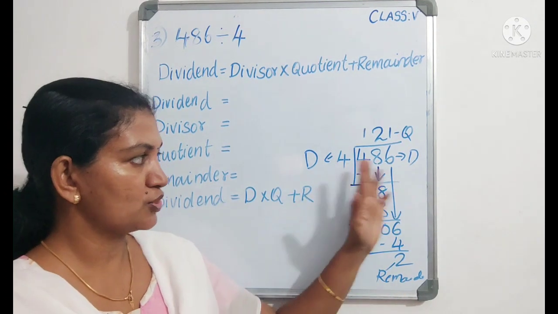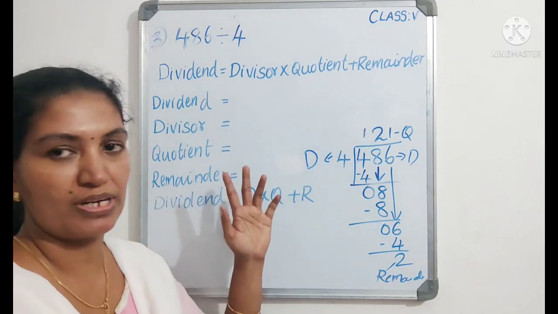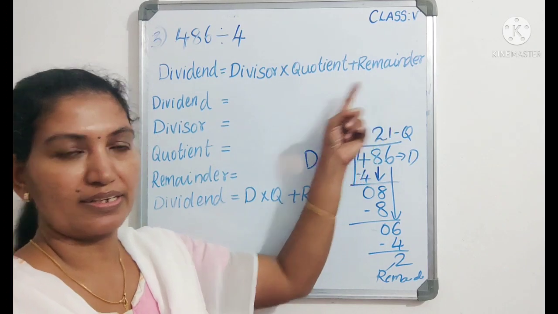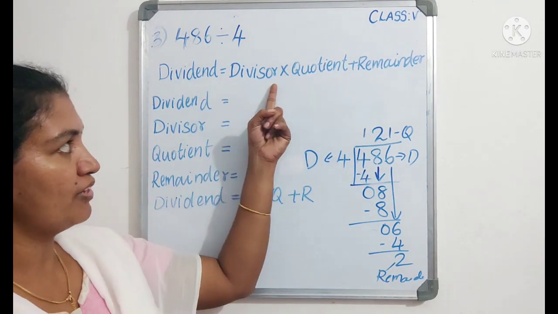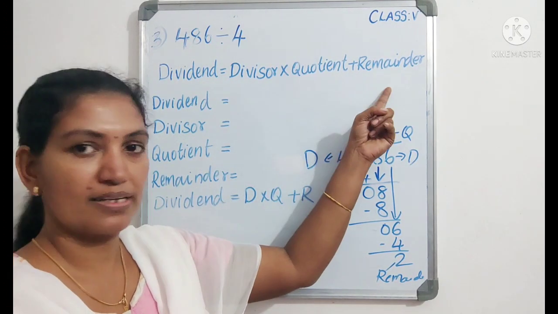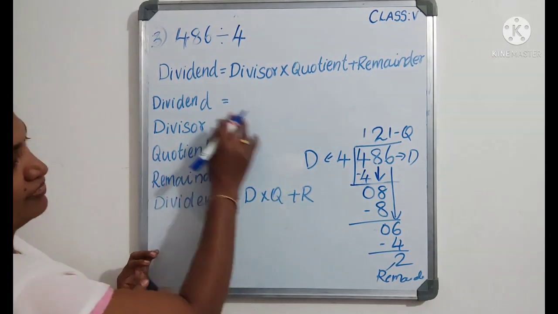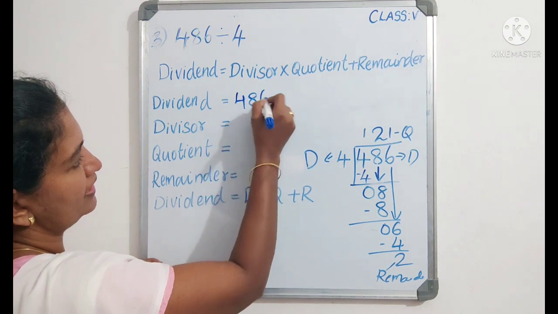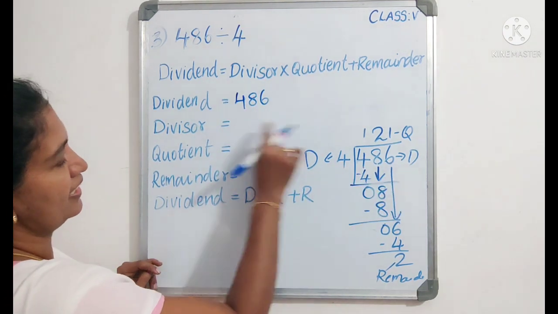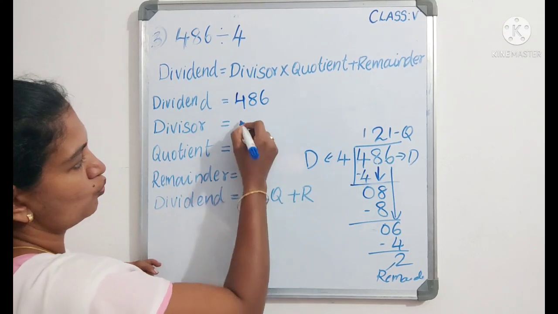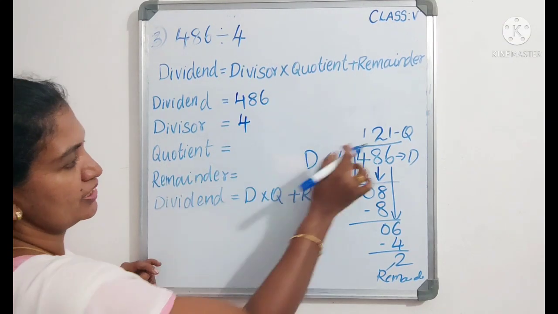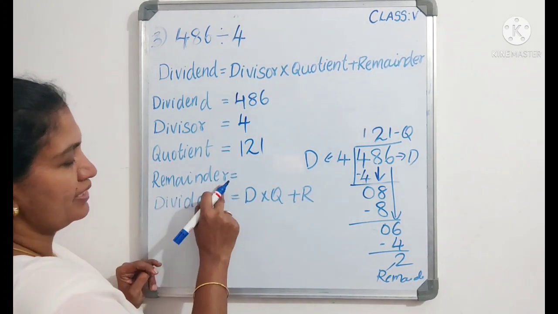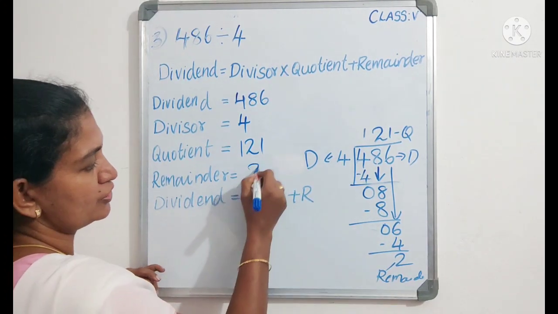Then applying all these values in the formula. Our formula is: dividend is equal to divisor into quotient plus remainder. Dividend is 486, divisor is 4, quotient is 121, and remainder is 2.